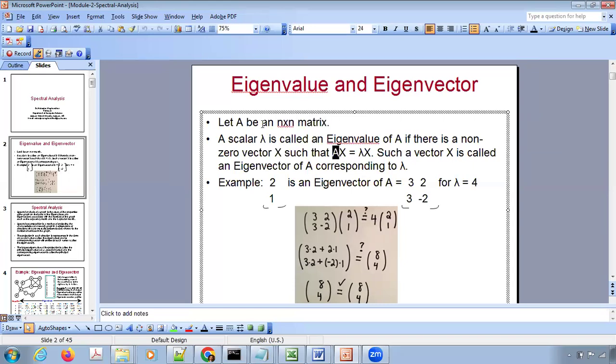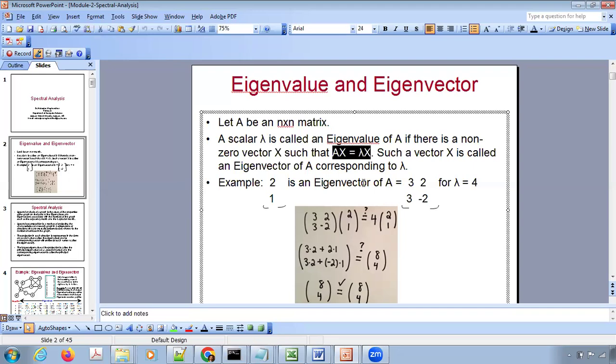If A is a square matrix, like in this case, an n by n matrix, then we can always find an eigenvalue denoted by, say, lambda, and a corresponding eigenvector denoted, say, by x, such that A times x equals lambda times x.